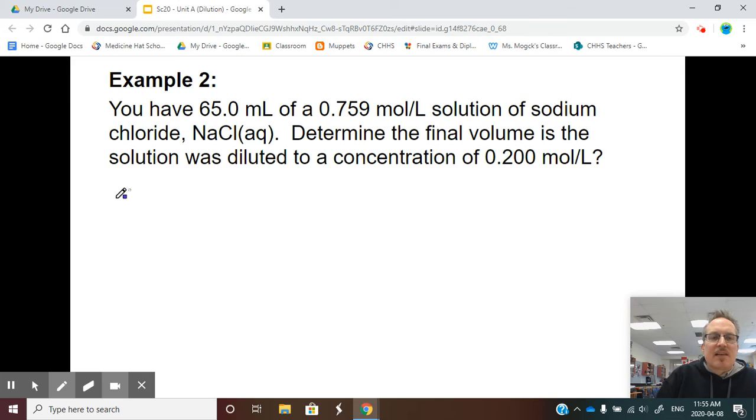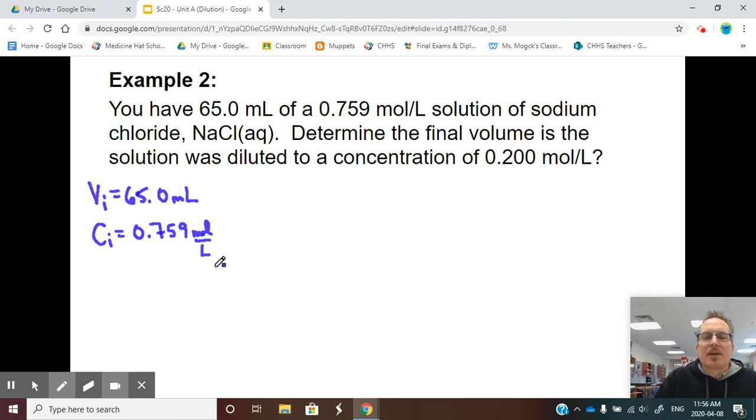I have 65 milliliters, so that's my initial volume of 0.759 moles per liter solution of sodium chloride. Determine the final volume, so I'm going to find VF.